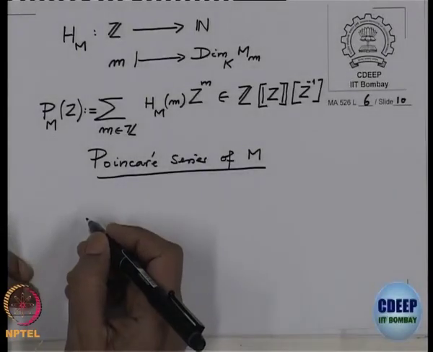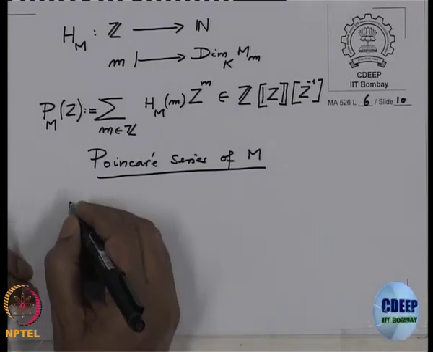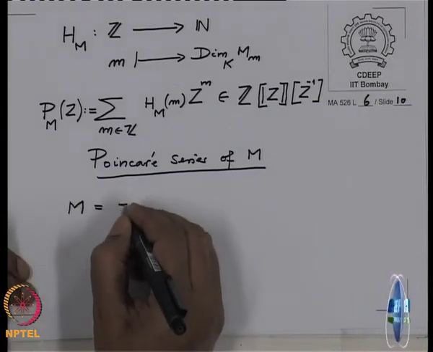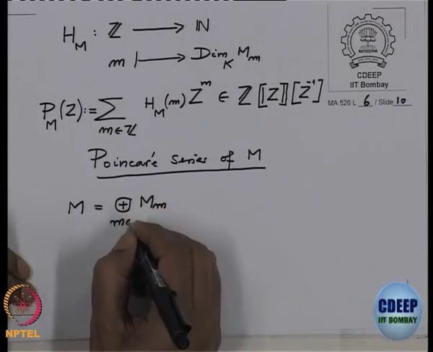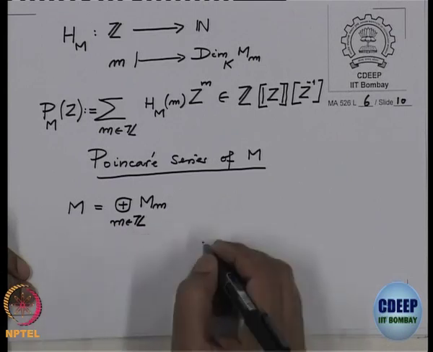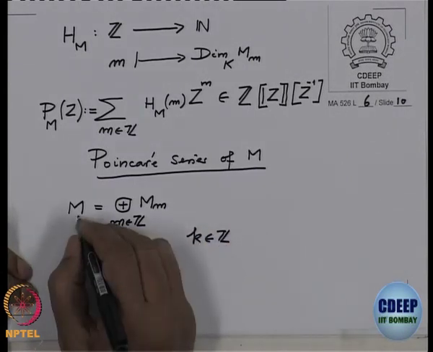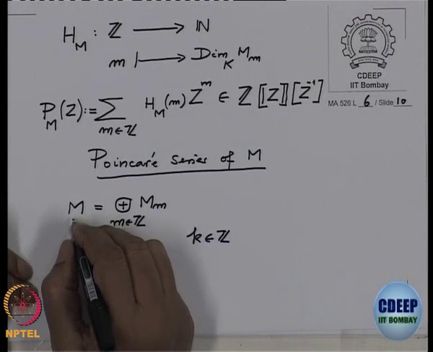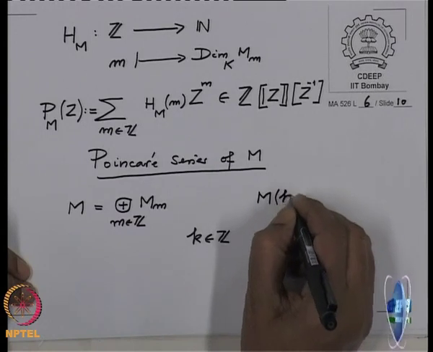Okay, so easy to see some first easy remarks. Suppose I have a module M, this is a graded module, and suppose I have an integer k. From this module I want to get a new module, that I want to write M(k).